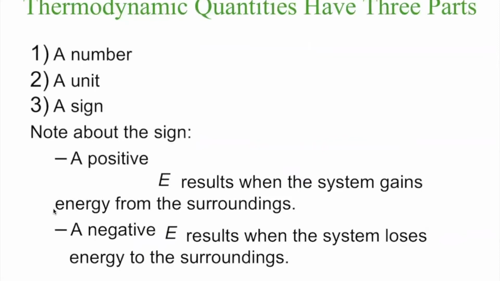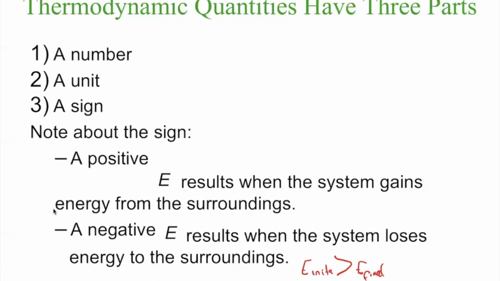Now, the positive E is going to result when the system gains energy from the surrounding. A negative E is going to be when your E initial is greater than your E final. That's when the system loses energy to its surrounding.